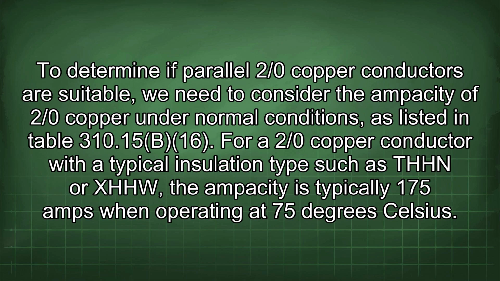To determine if parallel 2/0 copper conductors are suitable, we need to consider the ampacity of 2/0 copper under normal conditions, as listed in Table 310.15(B)(16). For a 2/0 copper conductor with a typical insulation type such as THHN or XHHW, the ampacity is typically 175 amps when operating at 75 degrees Celsius.